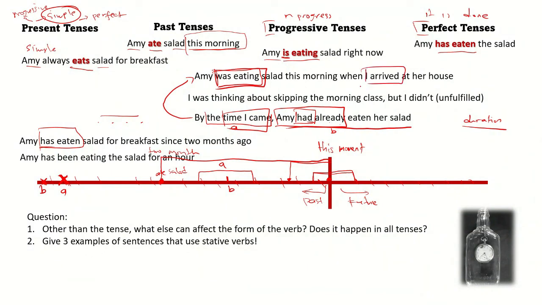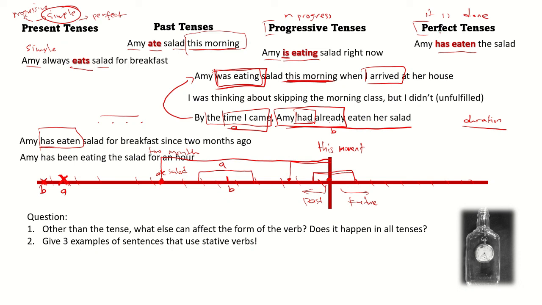And you might notice that in the past progressive tense, the adverb of time is usually stated, but in past perfect tense, there is no adverb of time because in past tenses, the exact time does not really matter. It's not necessary, so you can omit that.